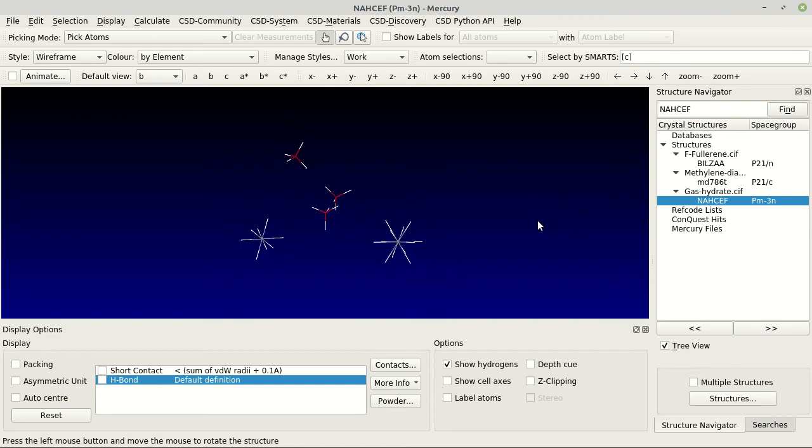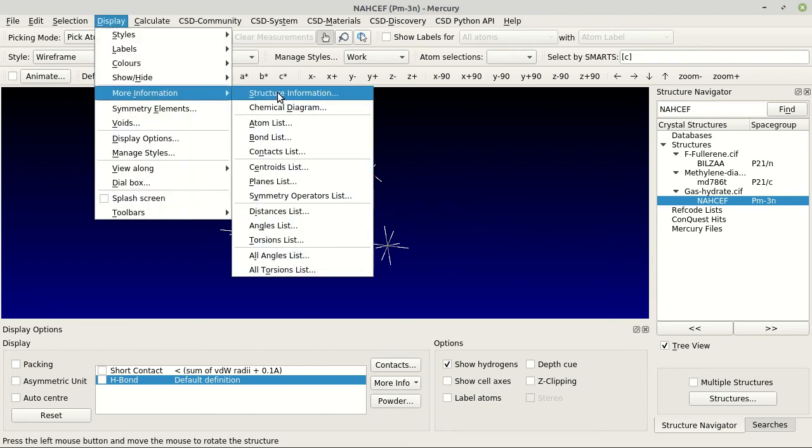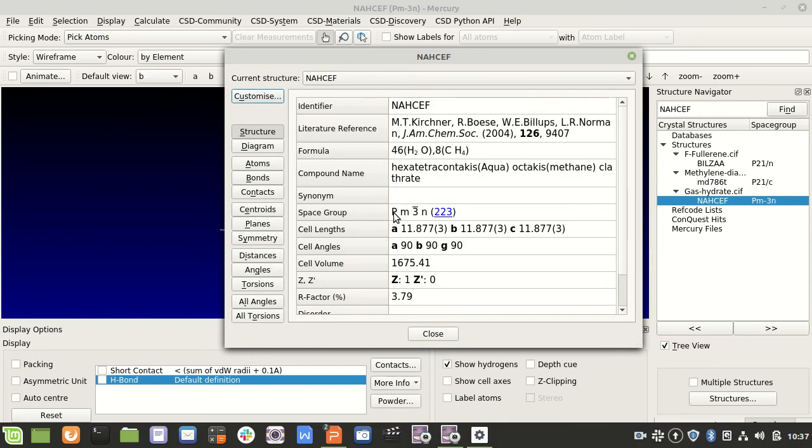First of all, what you see is a little bit strange, because each oxygen is surrounded by 4 hydrogens, not 2. And if you look at the methane, you see not 4 hydrogens in the coordination sphere, there are sometimes more, 8. The background is what you have a look at. If you look a little bit more in detail at the structure information, you see a space group of very high symmetry.